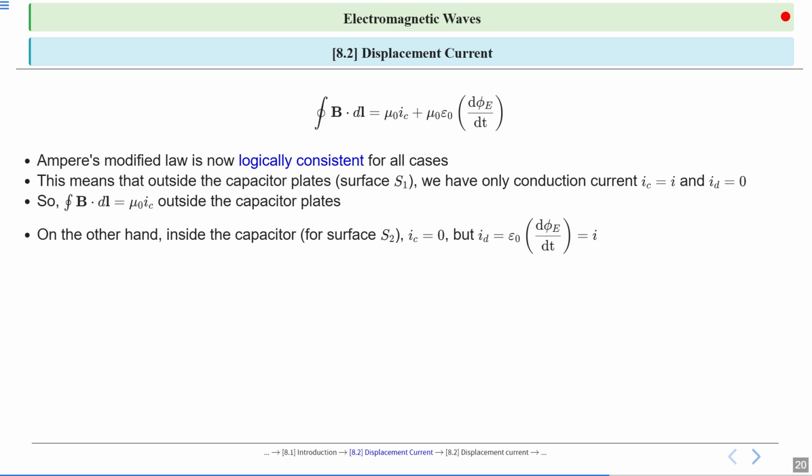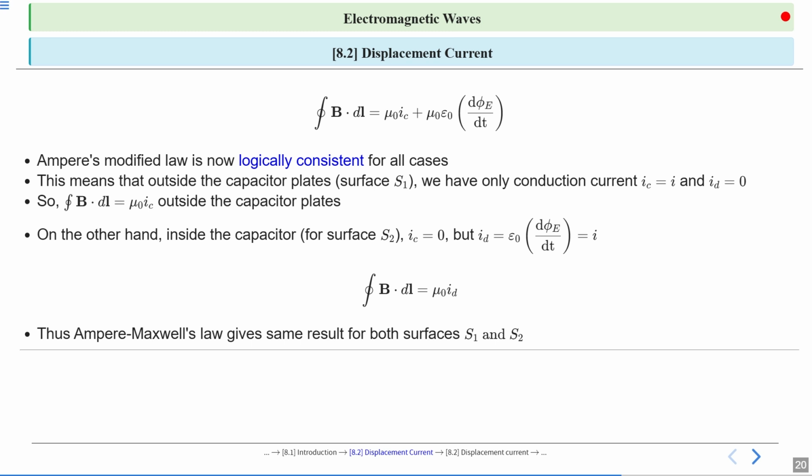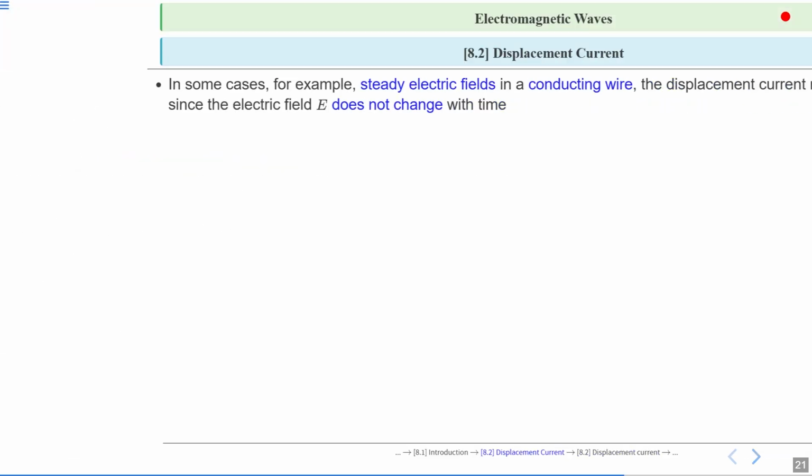So ID will be equal to epsilon naught d phi E upon dt, which is equal to I. So closed integral B dot dl will be equal to mu naught ID. Thus Ampere-Maxwell law gives the same result for both S1 and S2 surfaces. And now this law is logically consistent for all the cases.